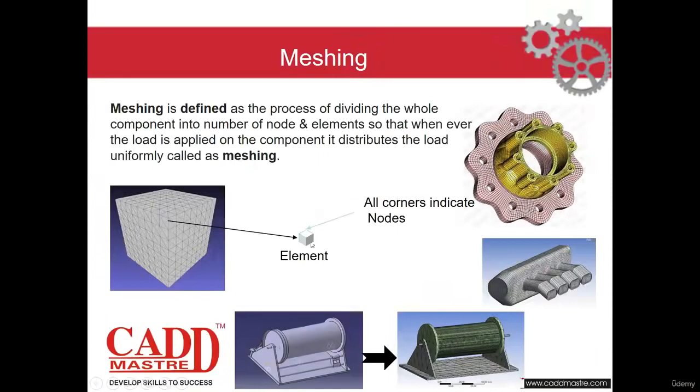So this is one element of this component, and the ends of this element are called the nodes. So this is our mesh model. In this figure, you will notice that this is the solid model and this is the mesh model. Similarly, these two are the mesh components.